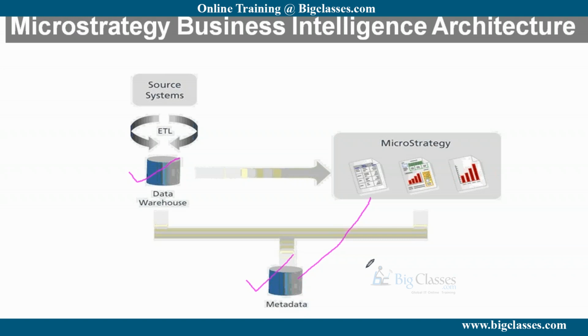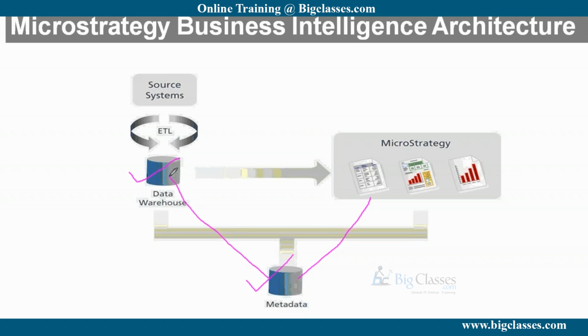Now, for example, let's say I'm trying to run a report in MicroStrategy where I want customer wise sales. I will definitely have some objects which give me customer information and sales information. When I run that report, the first thing it will do is come to the metadata.